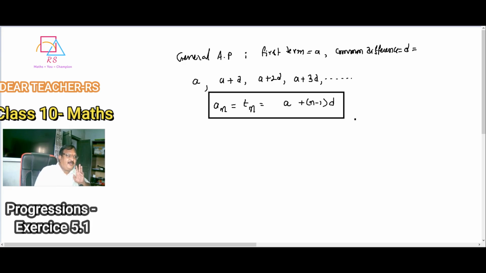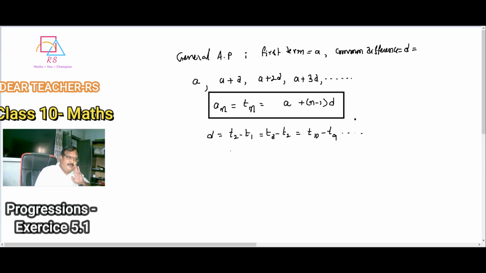And there is another formula, the common difference D. How do we find D? D is very simple: T2 minus T1, second term minus first term, or third term minus second term, any two consecutive terms, or T10 minus T9, and so on.